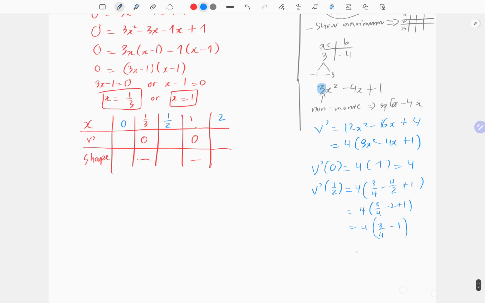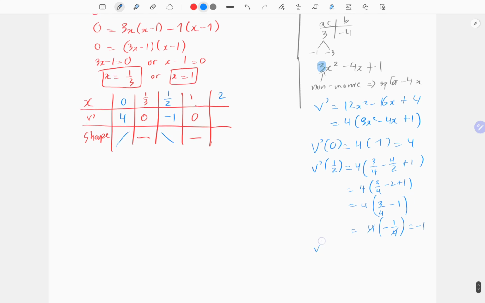Negative 1/4. Yes, and it's 4 times negative 1/4, which is minus 1, because the 4 here just cancels at the bottom. I'll just put these values slowly in. 4 positive, minus 1 negative.